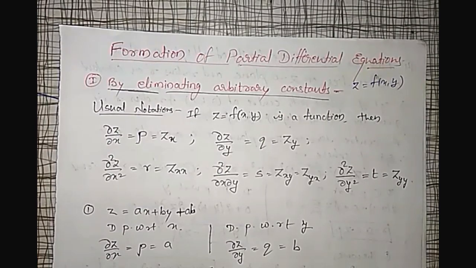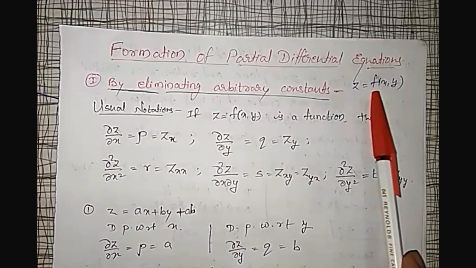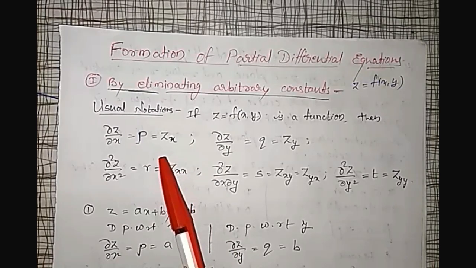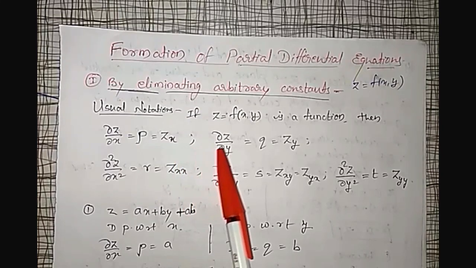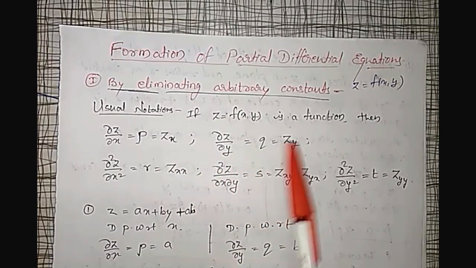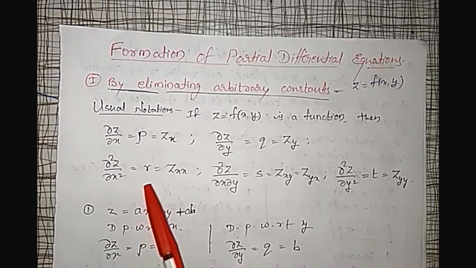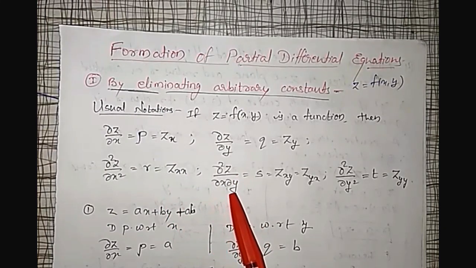Now, before again starting with the formation by eliminating arbitrary constants, throughout this module we are using z as a function of x, y, and we are using the usual notations: dou z by dou x is equal to p or zx, dou z by dou y equal to q or zy, and second order partial derivatives: dou square z by dou x square equal to r or zxx, dou square z by dou x dou y or dou square z by dou y dou x are one and the same.